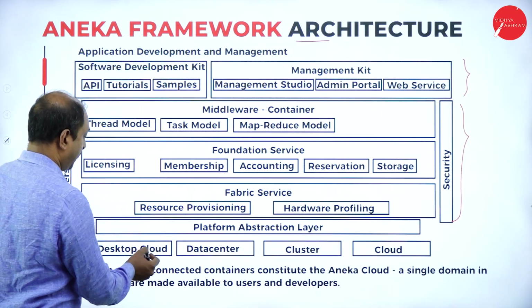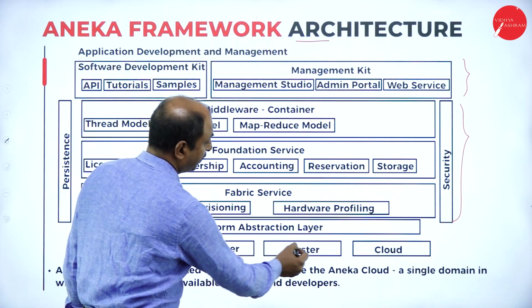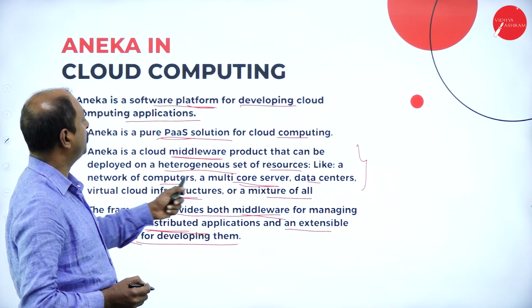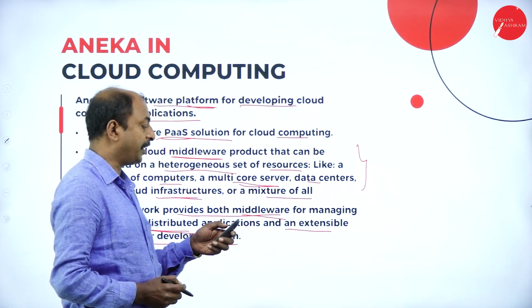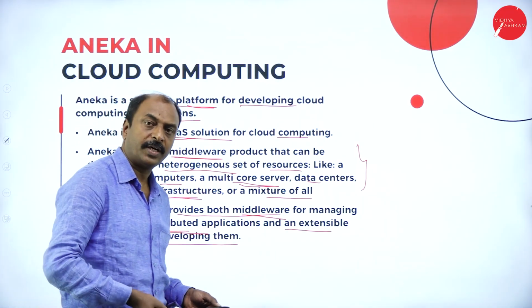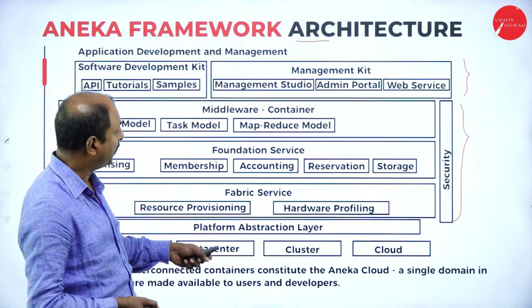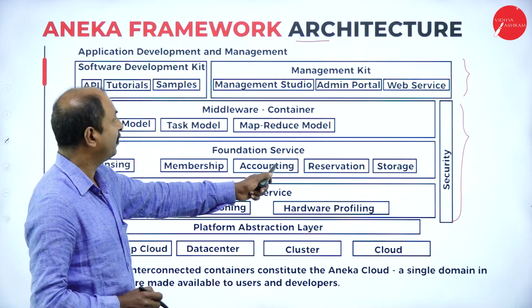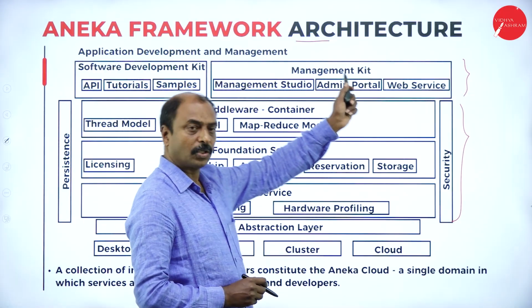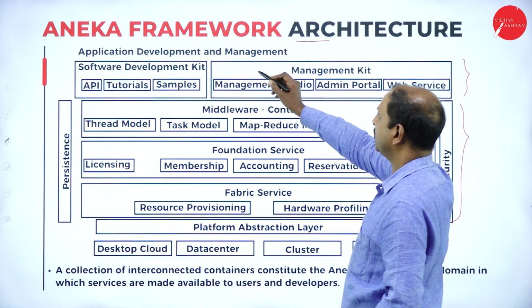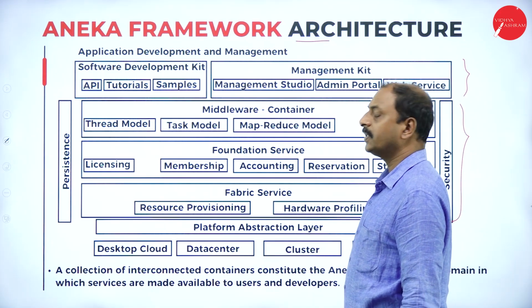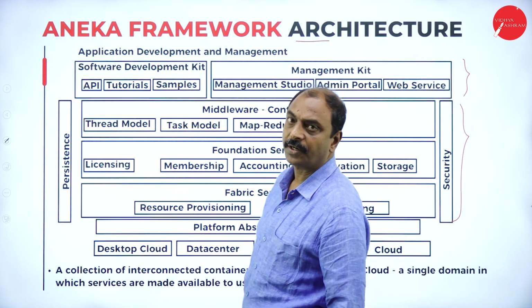This is desktop cloud, data center, clusters or cloud. That is the meaning of the heterogeneous set of services. So this Aneka platform is software or the services deployed over infrastructure. This is the infrastructure layer, this is the middleware, and this is the top layer, the application development and management layer. Now let us see what are the different components of this architecture.